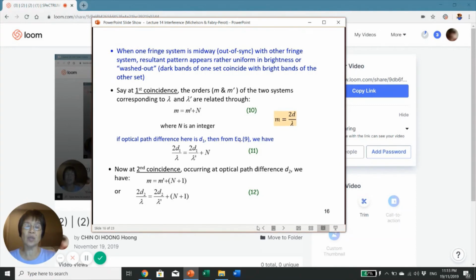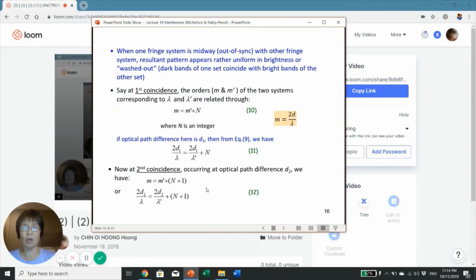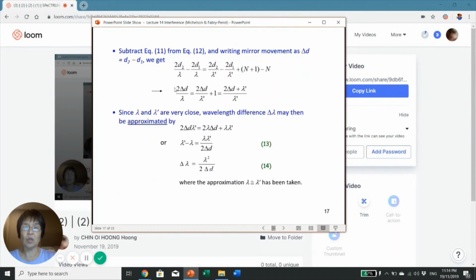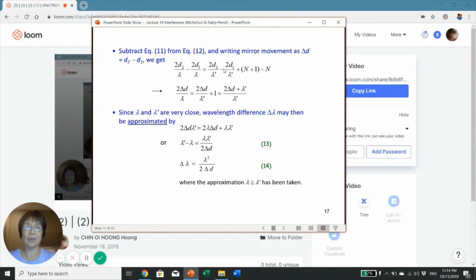Now we deduct these two equations: 2d2 over lambda minus 2d1 over lambda equals 2d2 over lambda prime minus 2d1 over lambda prime plus n plus 1 minus n. So we have it here.